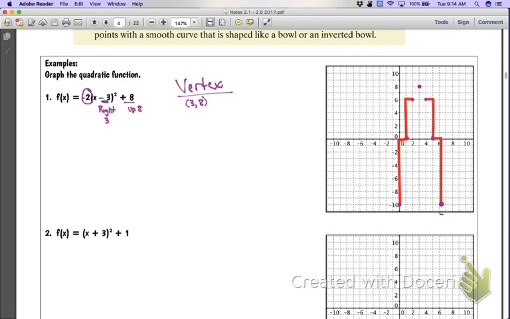So then my actual parabola is going to look something like that. Now, the red lines are really just so you can get how the steps are going. Everything is always going to be one step to the right, one step to the left, and then going from there.